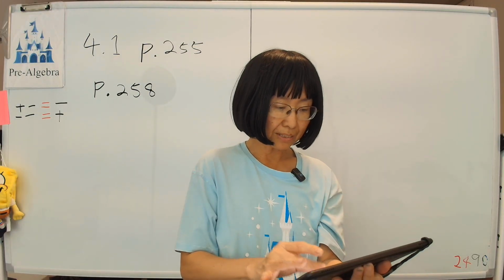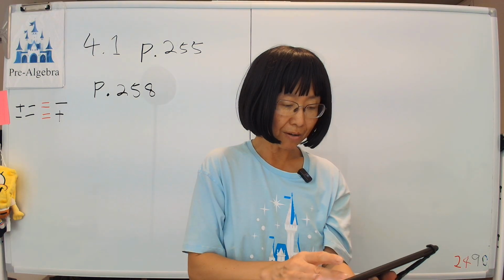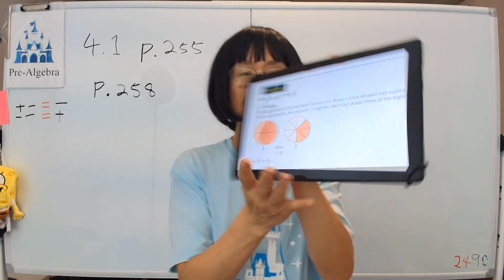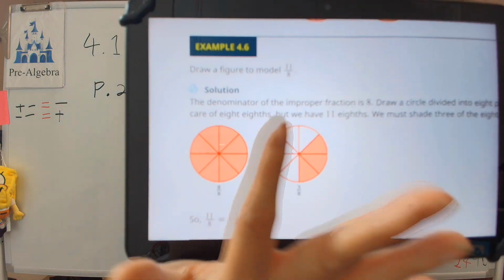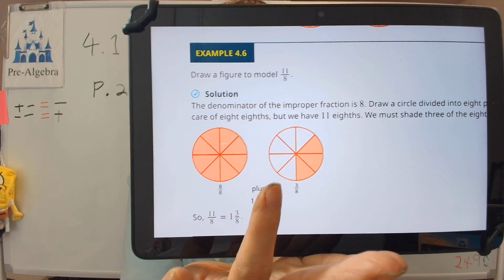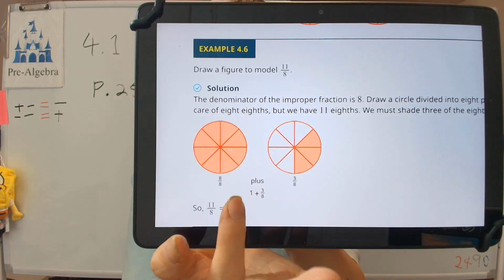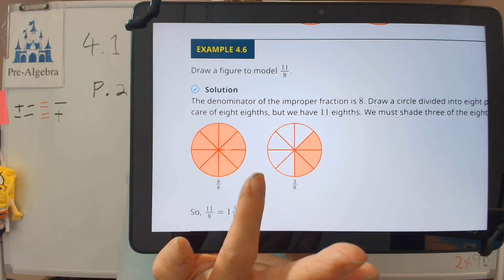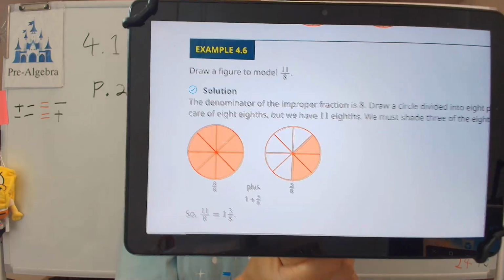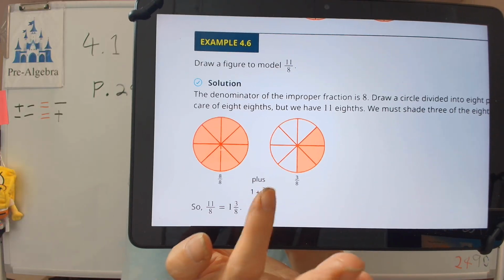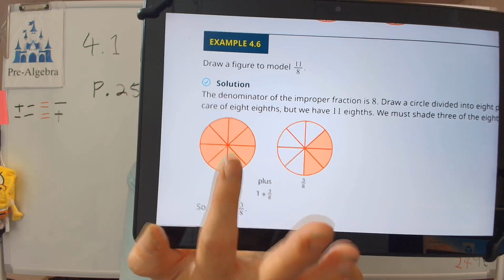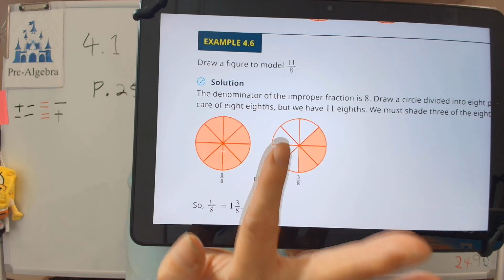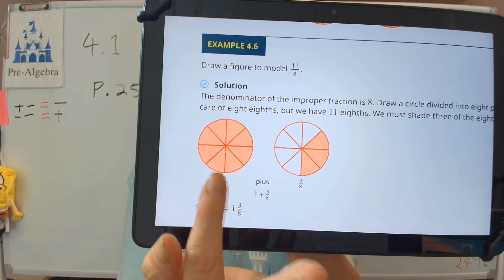So let's look at the next example. Okay, now for example 4.6, what is 11/8? 11/8 means your pie is being cut into 8 pieces, and you have 11 pieces of the cut pie. Okay, maybe you're eating a bit much. So being that your pie is cut into 8 pieces, 8 of them makes 1 pie.